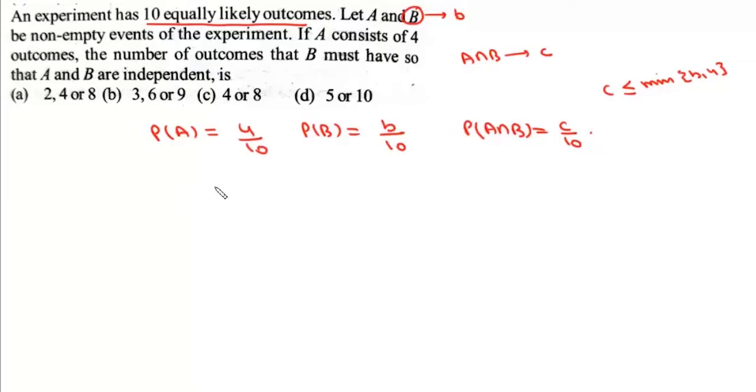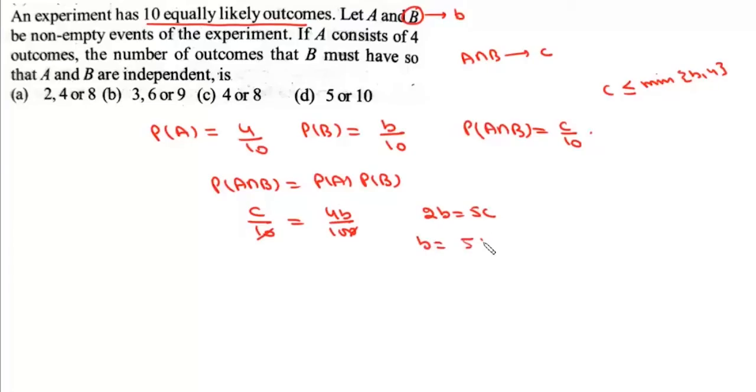Now if they are independent, then P(A intersection B) is equal to P(A) into P(B). That means C by 10 will be equal to 4B by 100, or we can write 2B must be equal to 5C, or B should be equal to 5C by 2.